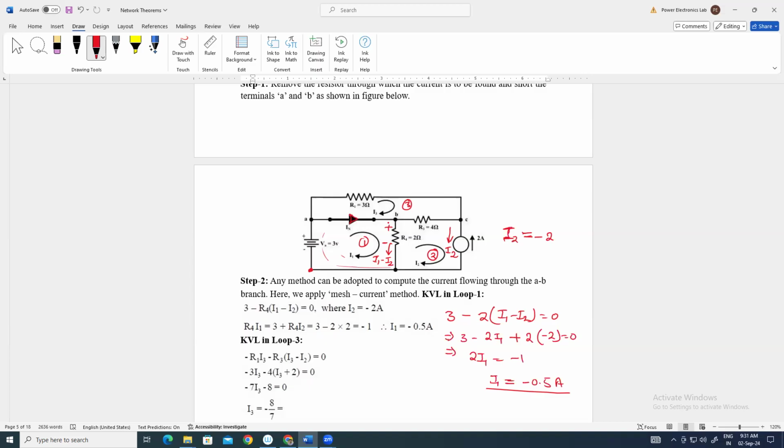If we apply KVL in loop 3, we can calculate the value of I3. The current I3 we have assumed here. In this branch there are two currents: one is I2 flowing this way, and I3 flowing this way.